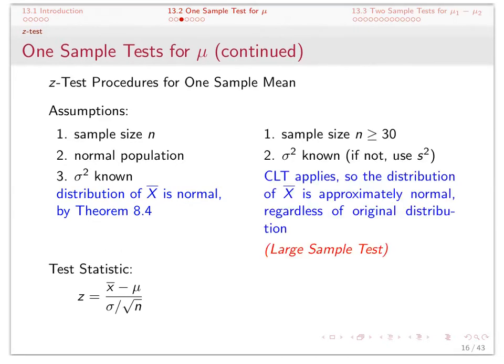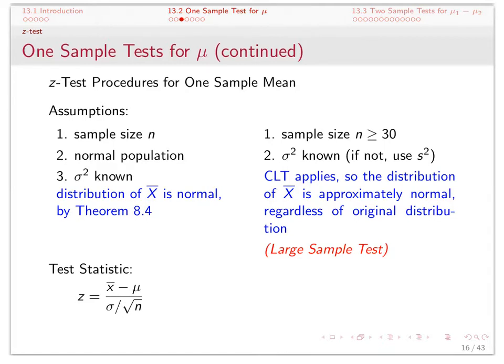However, what if the original distribution is not known to be normal? Perhaps we don't know anything about the shape of the original distribution. In that case, if our sample size is greater than or equal to 30, and if sigma squared is known, then the central limit theorem applies, so the distribution of x bar is approximately normal regardless of the original distribution. We'll call this our large sample z-test.